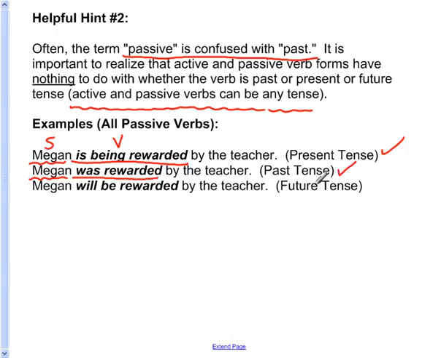And in the third example, the passive verb will be rewarded with Megan as the subject. The passive verb will be rewarded is in future tense. So again, to reiterate, passive should not be confused with the term past, because a passive verb can be present tense, past tense, or future tense.